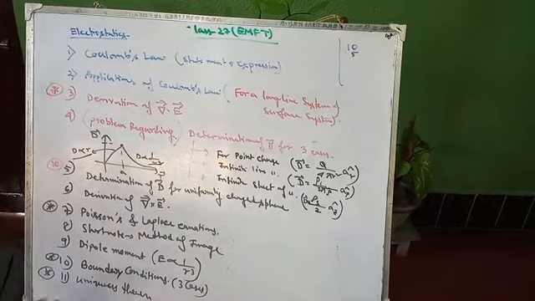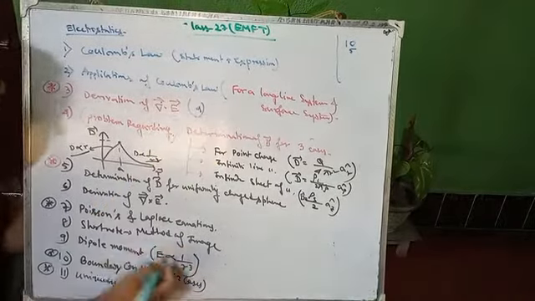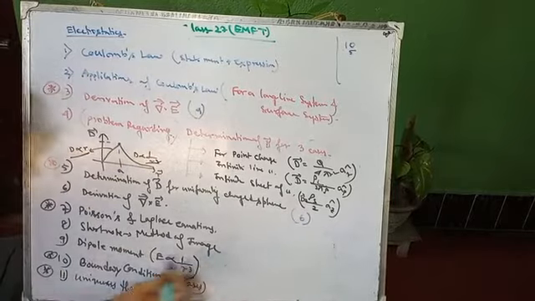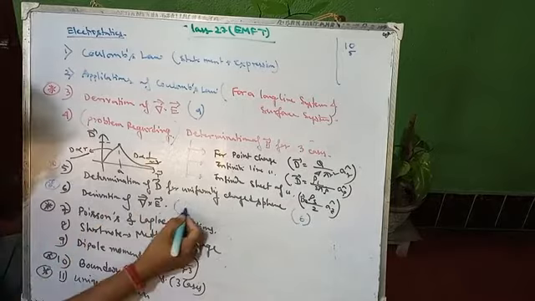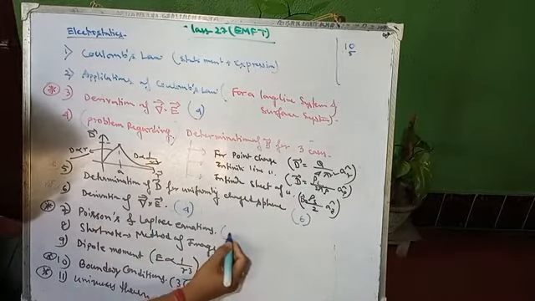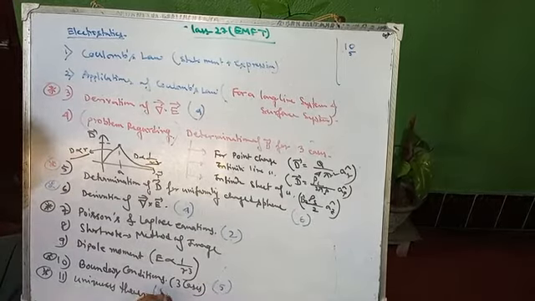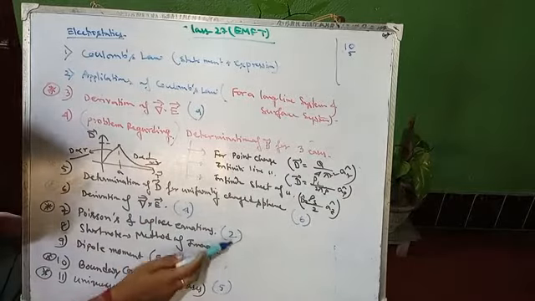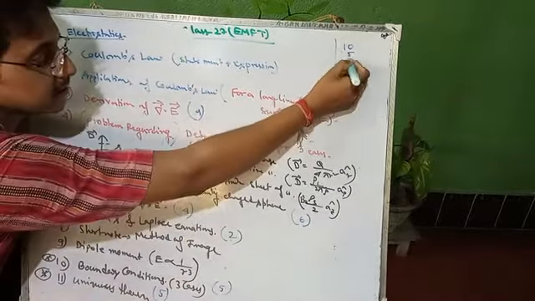See, if we count the marks, suppose this is 4, this is 6, this is also important. This is 4, this is 2, and boundary condition 5, uniqueness theorem 5. So 5 plus 5, 10, 14, 16, 22, 26. So I will give you 26 marks exact common.